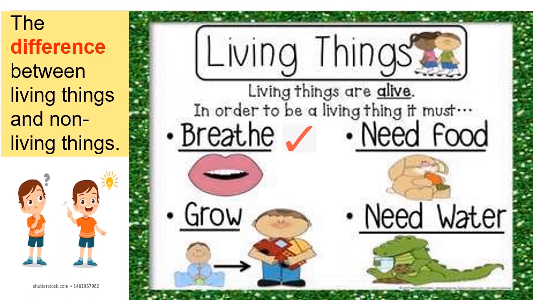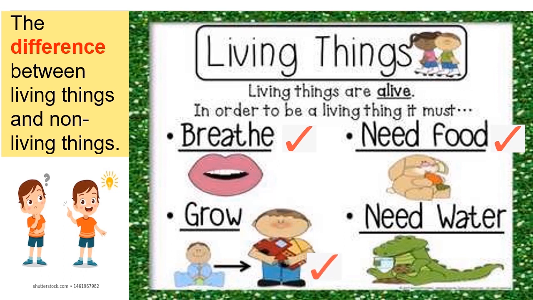Yes, so these living things breathe, right? Living things breathe because there's life in them. The living things also need food. They cannot survive if they don't have any food.